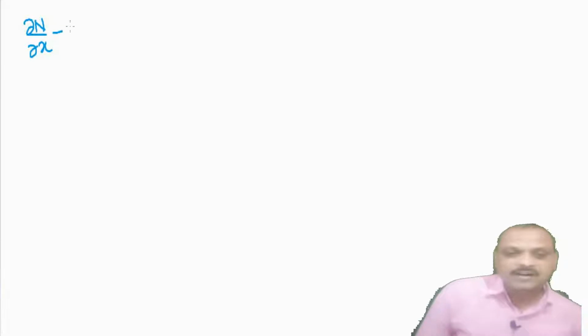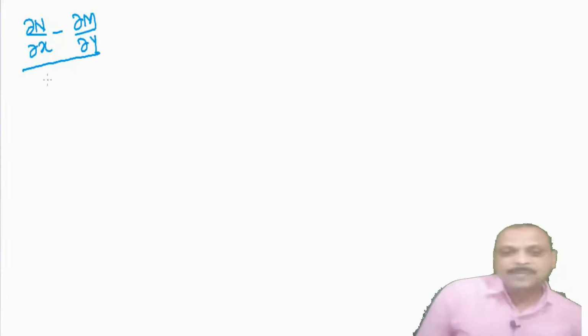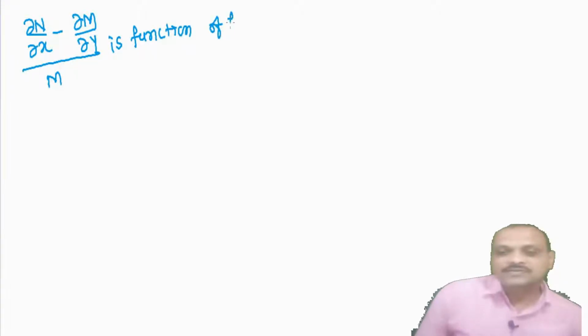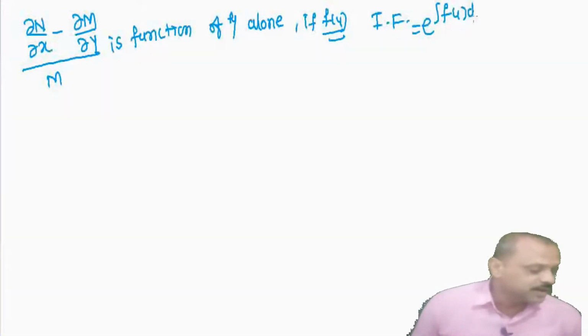If del n by del x minus del m by del y, divided by m, is a function of y alone, suppose f of y is this function, then the integrating factor is e raised to integration of f of y into dy. This is the integrating factor.